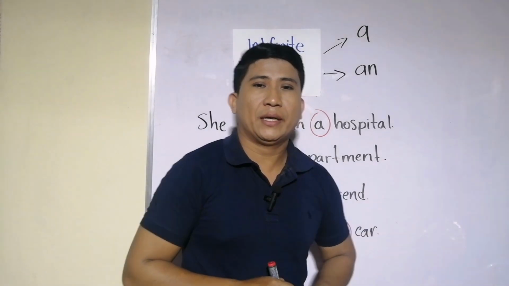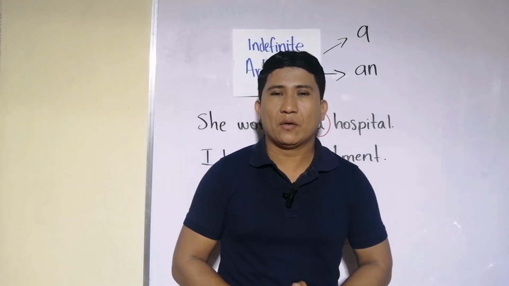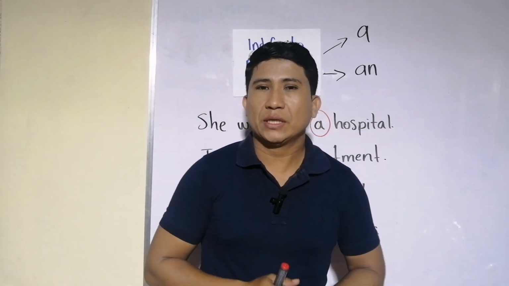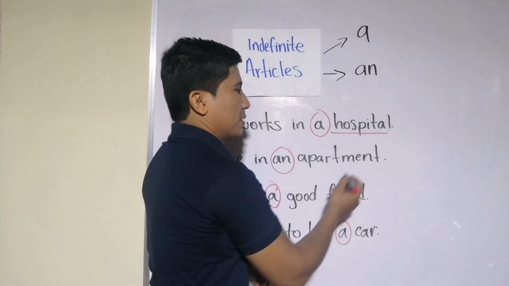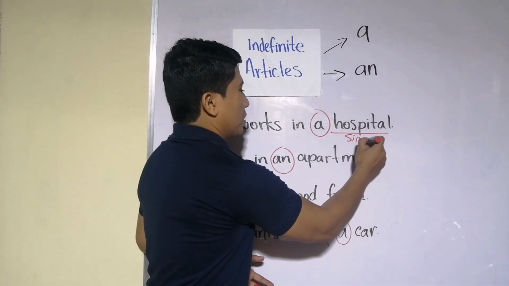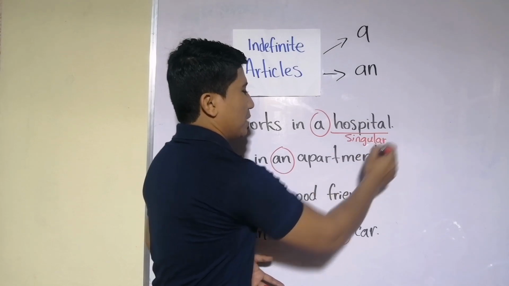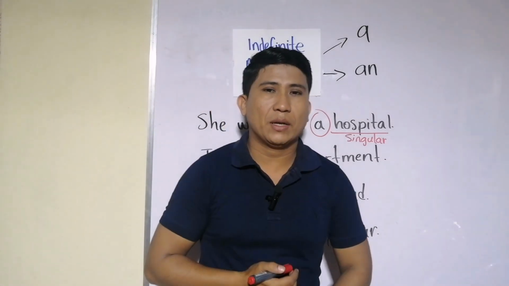The second requirement for us to use the indefinite article is when we are using singular nouns. Let's take a look: hospital is a noun and is also singular. So we need to make sure that we are using a singular noun. We cannot use indefinite articles with plurals.